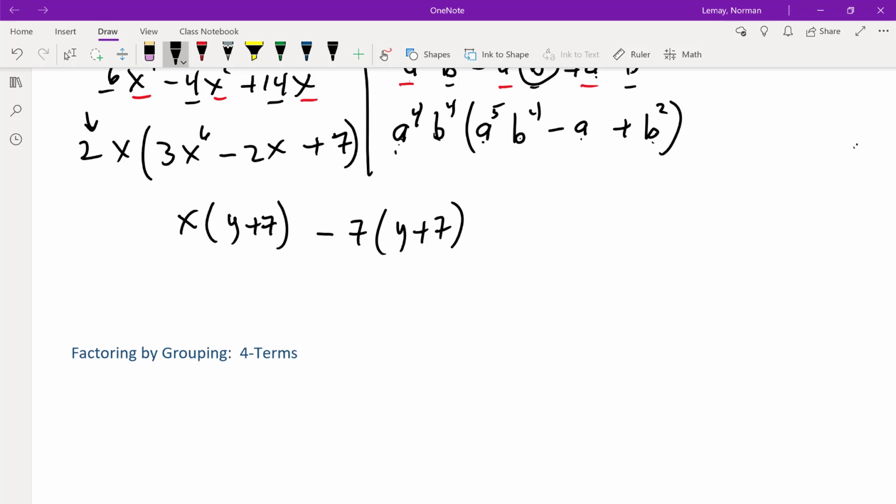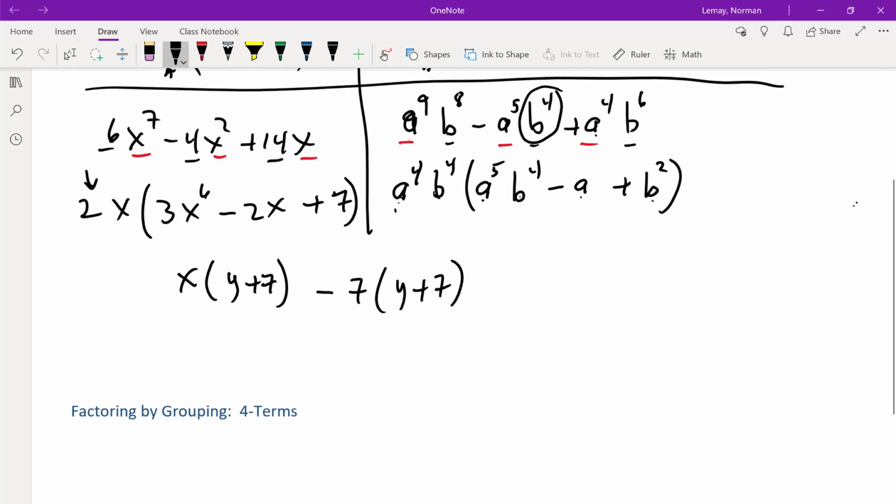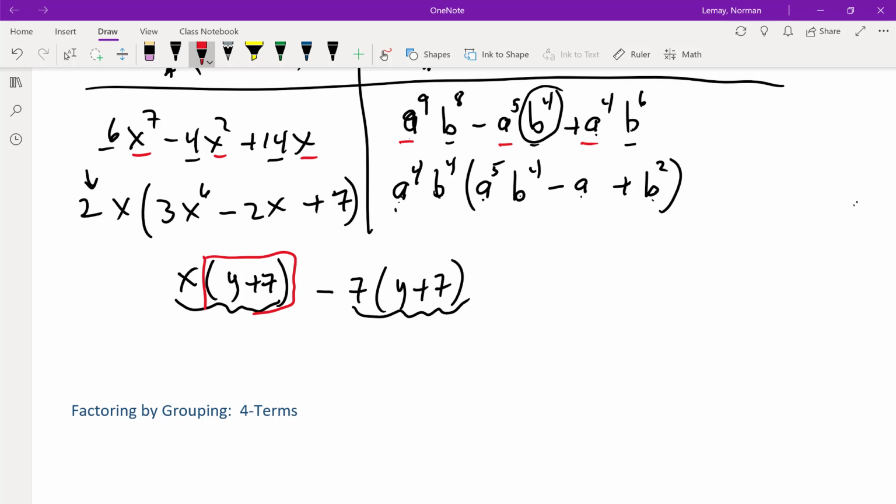So taking a look at this grouping here, again, I notice that this is really kind of disguised. I can think of this all as one term, think of this as all of another term, and hopefully what we can see is that in each one of these terms we have this y plus 7.